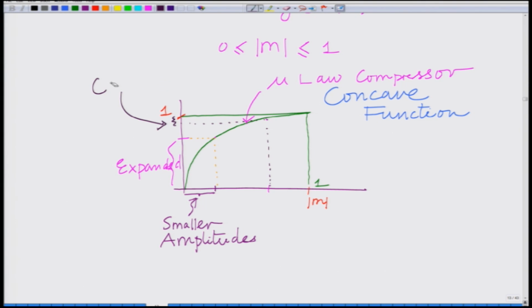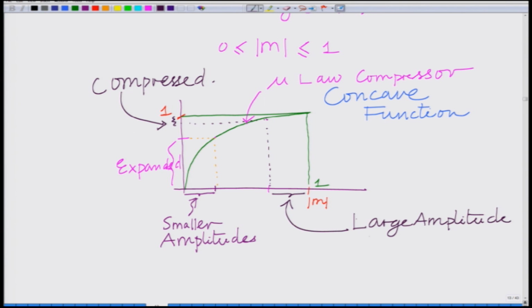So, this is compressed. This is the large amplitude region, and this large amplitude region is compressed. The smaller amplitude region is expanded.